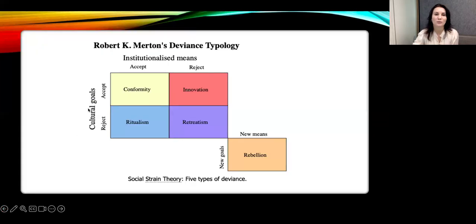Retreatism is another type that rejects both. So rejects both cultural goals and rejects institutionalized means. Those people perhaps don't care about societal goals, and then they have no problem breaking law or not following the institutionalized means.